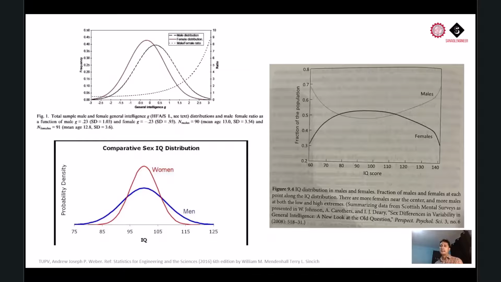Okay, there are more men at that magnitude relative to women, but at the same time there are also more men at the lower end with respect to that IQ score.